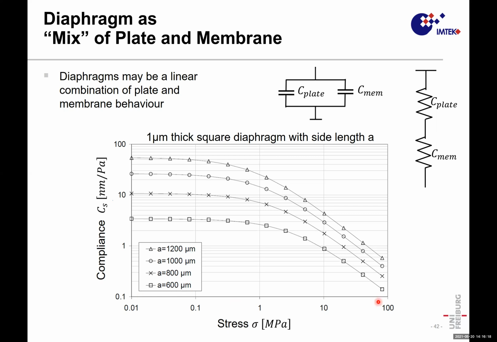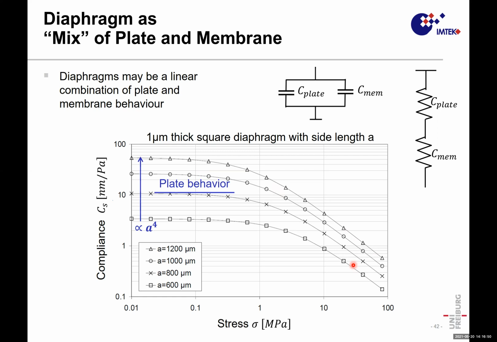So if, for example, we have this 1 millimeter diaphragm and we increase the stress, we have different domination here. At low stress, we see more or less this plate behavior. So in this area, the compliance is independent of the stress, but then we come into a regime where it depends on the stress and not so much on the size anymore.